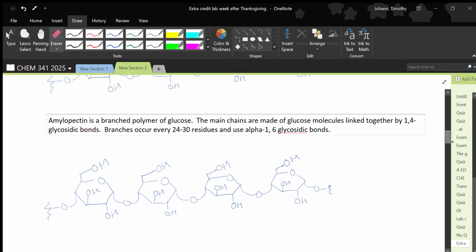That's my main chain, and then I'm going to have 1,6 glycosidic bonds coming off of this for branching. So imagine we have a branch right here. That's going to come up. That's the 6 carbon that's off of it, right? So it's 1,6. So there's another glucose up here, and it's going to go on, and we're going to have a chain there.